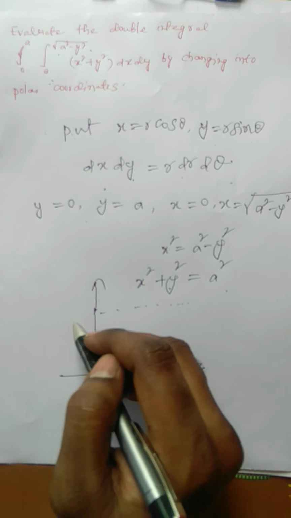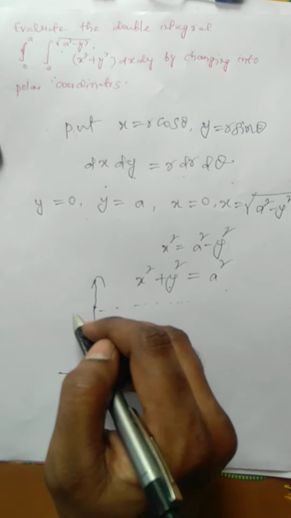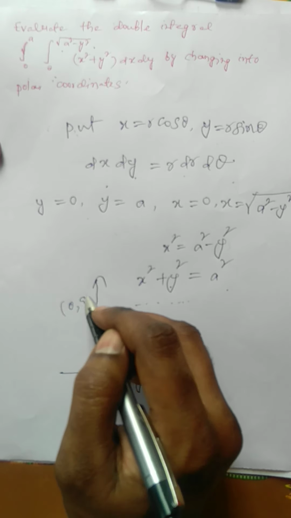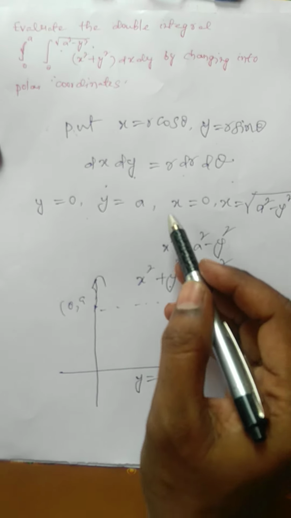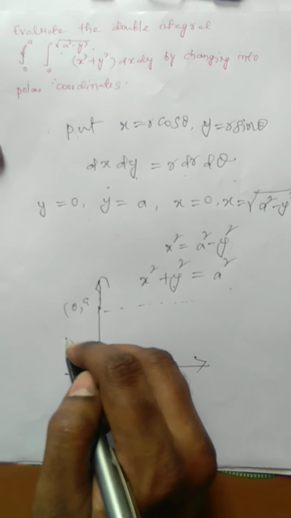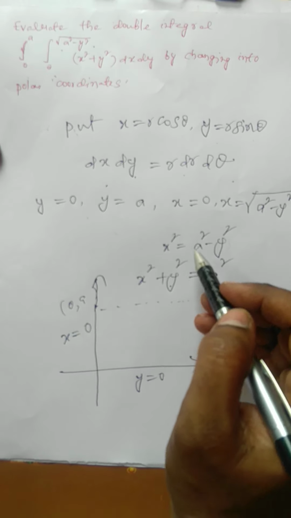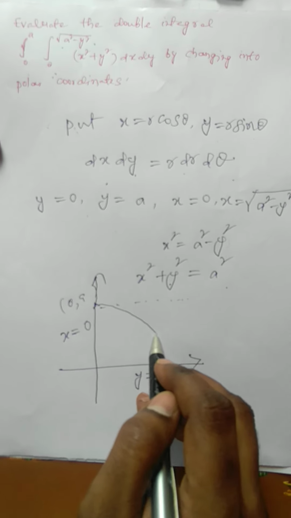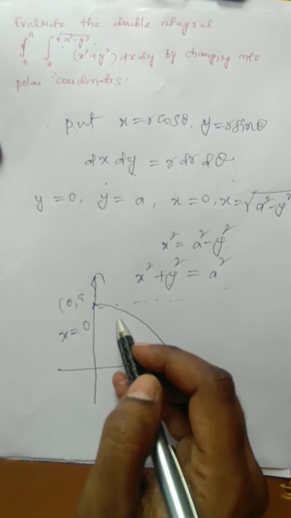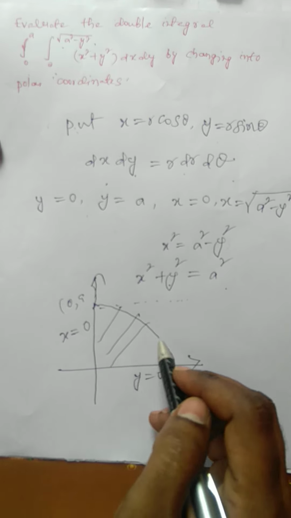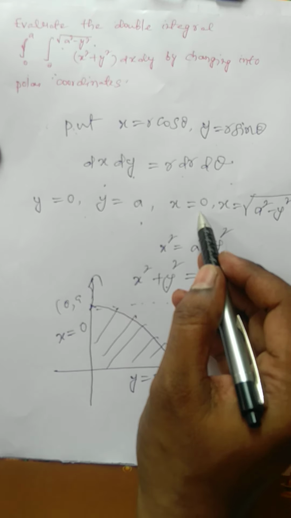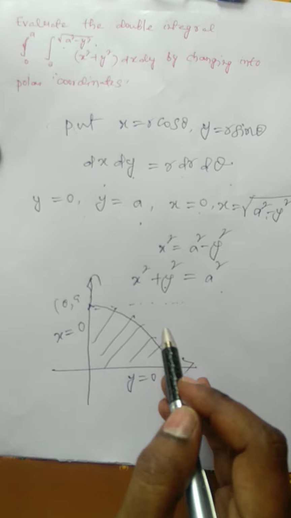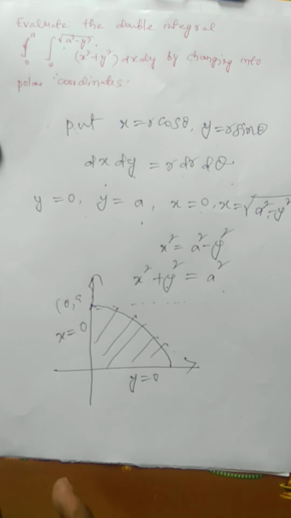Here this is the point 0 comma a. Now x equals 0 is clearly the y-axis, and x square plus y square equals a square is an equation of a circle of radius a units. Now clearly this is the region of integration, means these four limits will enclose the region.